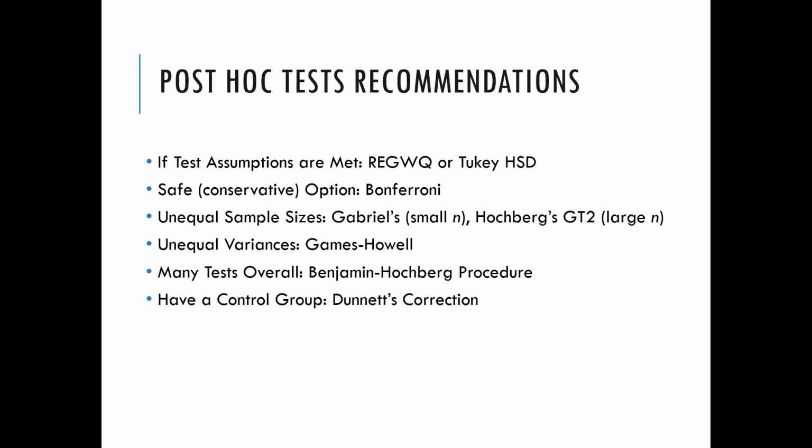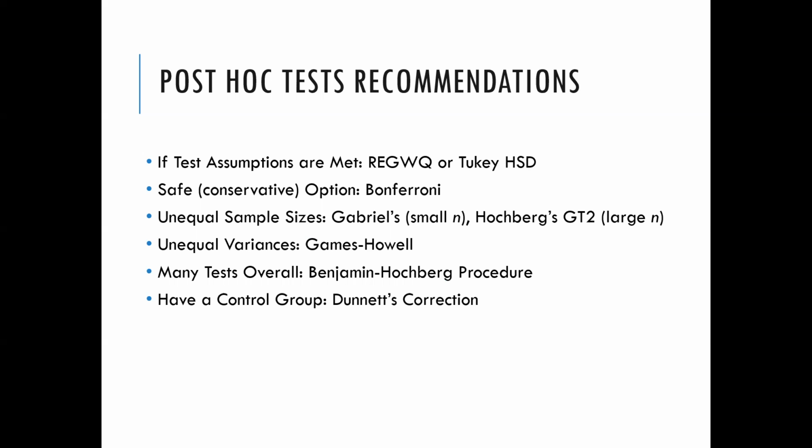So these are just recommendations for post-hoc tests. If test assumptions are met, we can use the REGWQ or Tukey test. Another option, a very conservative option, is the Bonferroni test. I'm sorry, the Bonferroni correction.